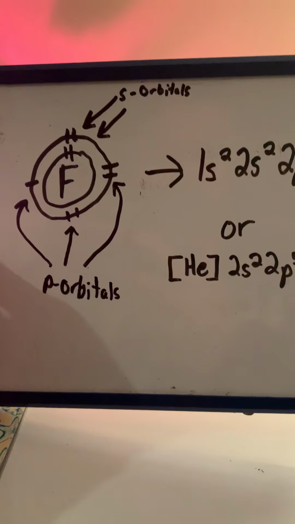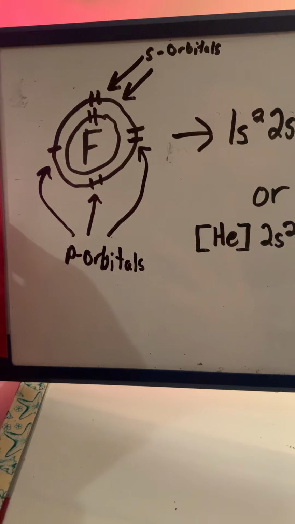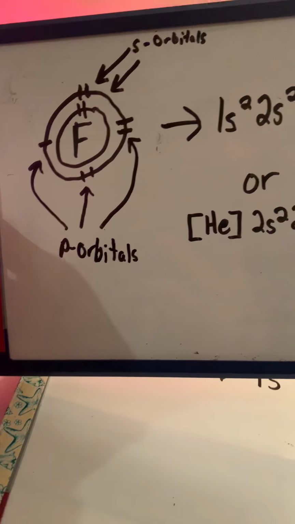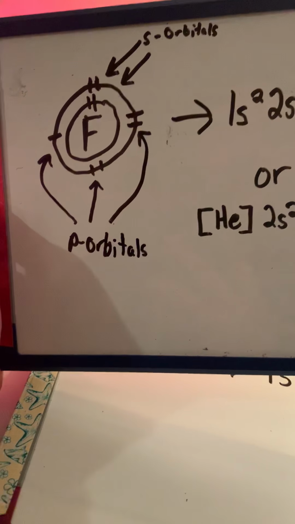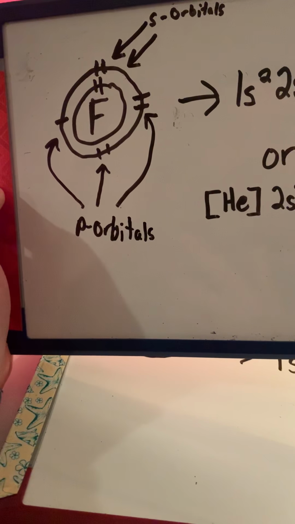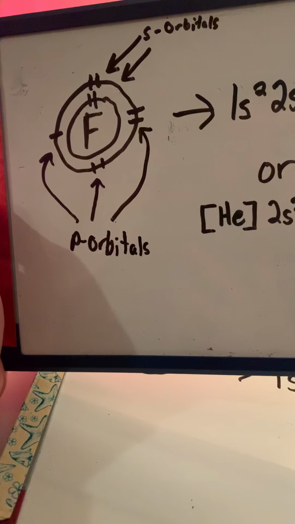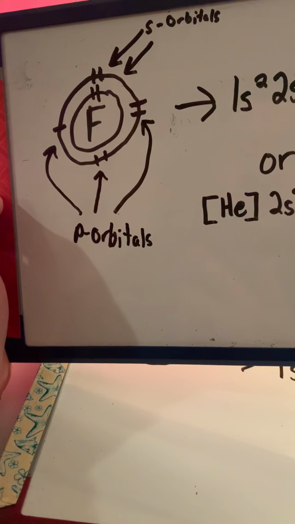The first thing we're going to talk about is the s and p orbital. So I want to show you guys something you're familiar with. That's fluorine right there. Fluorine is one column away from being a noble gas. So you'll see it has those 7 valence electrons in the outer shell. The first electron level has only its 2, just like it's supposed to.